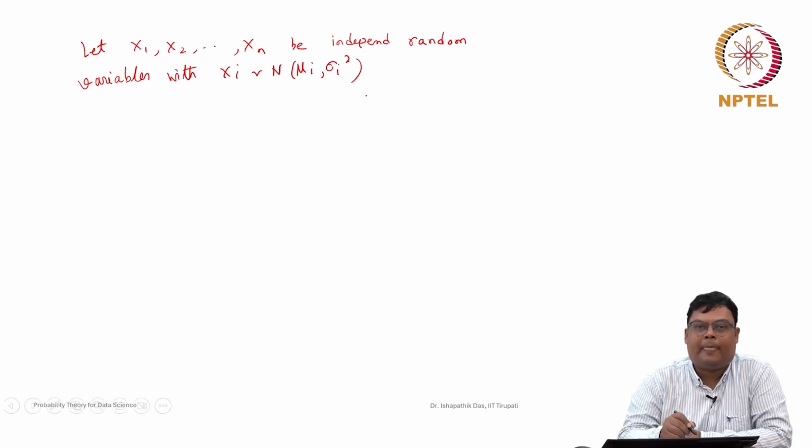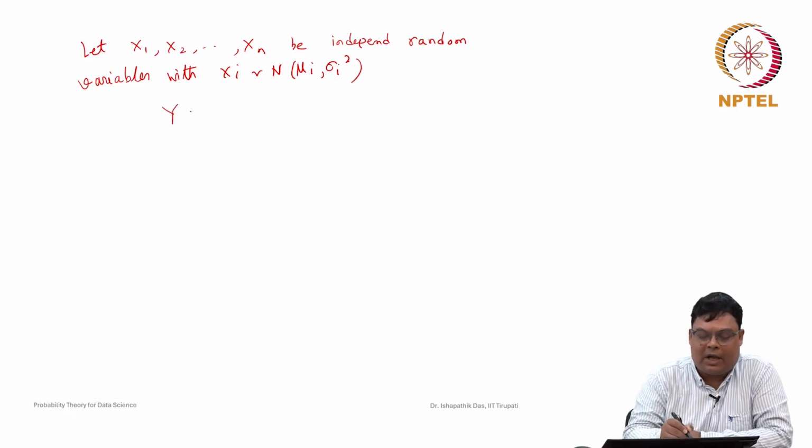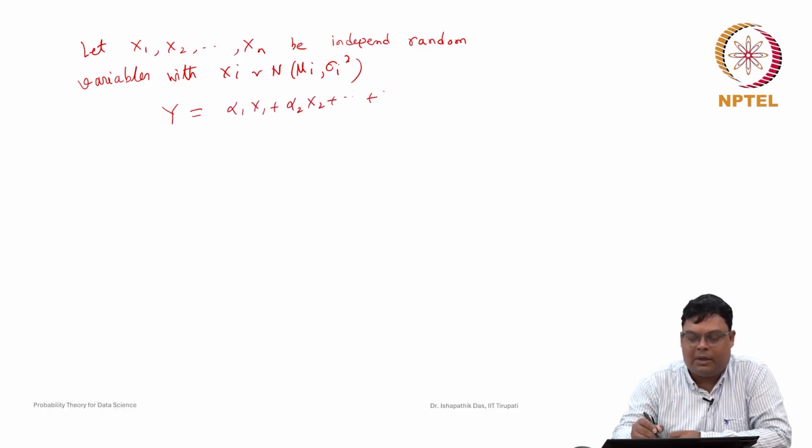Now, if you take a linear combination, y is equal to alpha 1 x1 plus alpha 2 x2 plus ... plus alpha n xn, here n random variables have been taken.